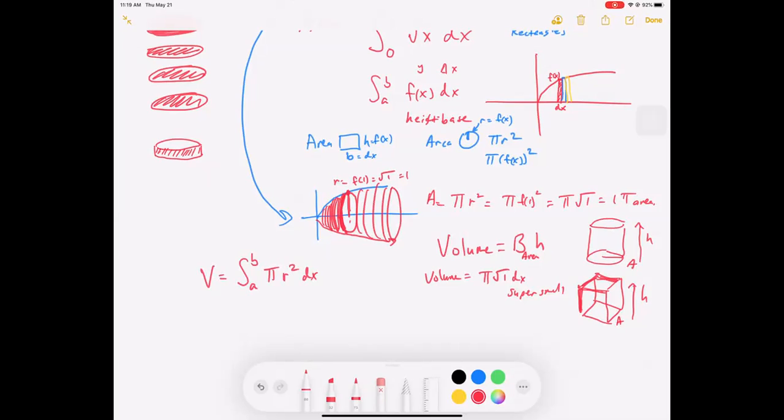The integral from a to b of pi r squared. And pi r squared is just a circle. So it's area times a little bit of height gives us our volume. And since these are small slivers, the idea of the integral is a cumulative change.